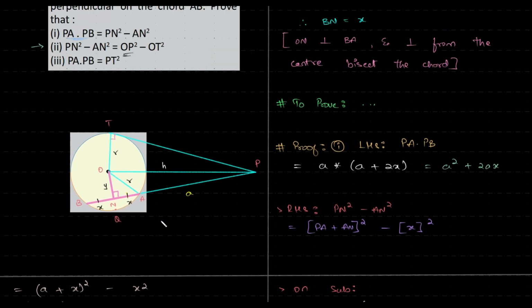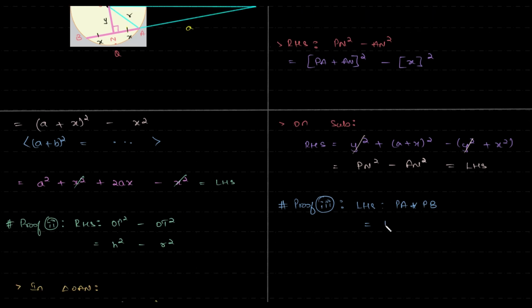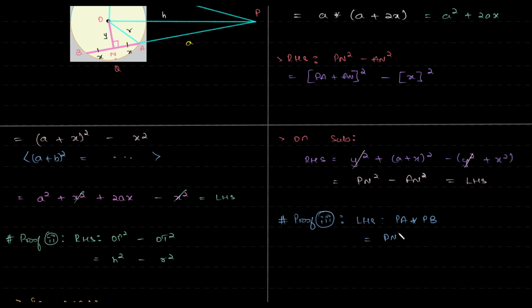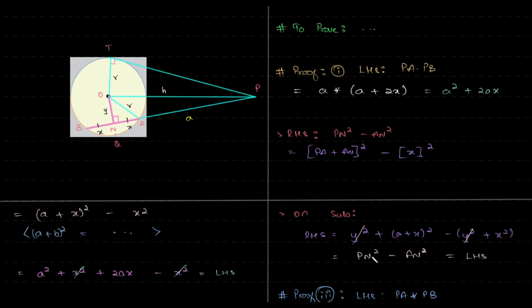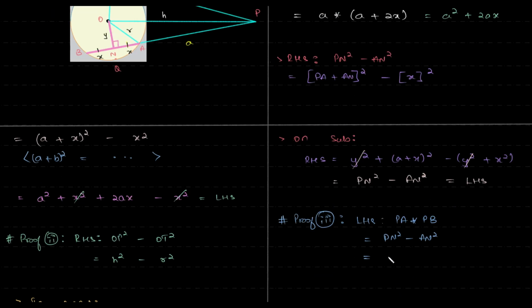So that is from your first expression. And PN square minus AN square is equal to OP square minus OT square, right? Again, I'm just copying whatever is written over there.